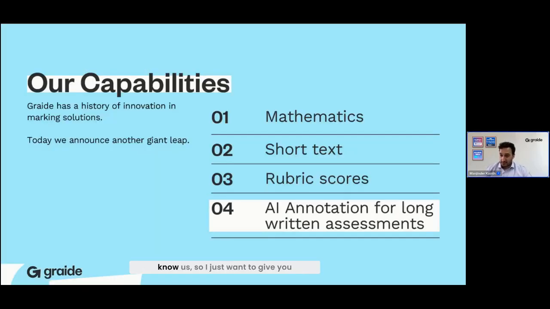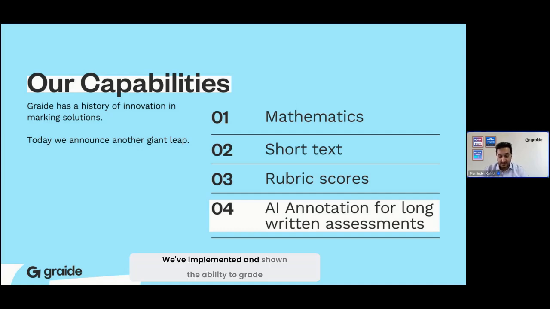You may or may not know us, so I just want to give you a little bit of contextual background. We have a history of innovating in marking solutions, and today I'm going to show you a much bigger step. We have the ability to grade maths and also give feedback on the working associated with mathematics.